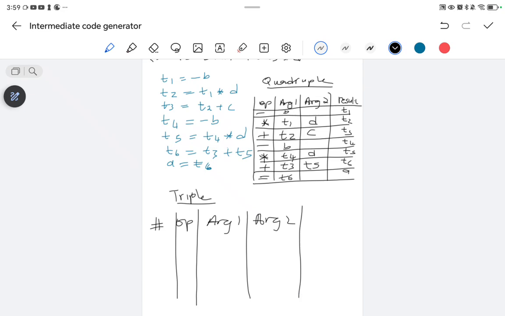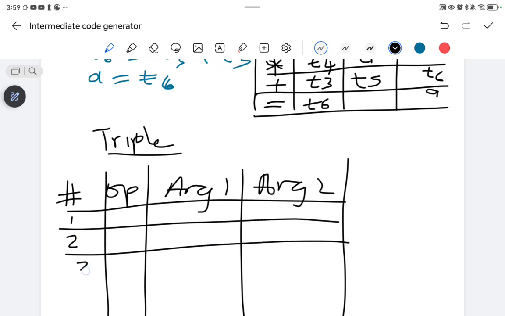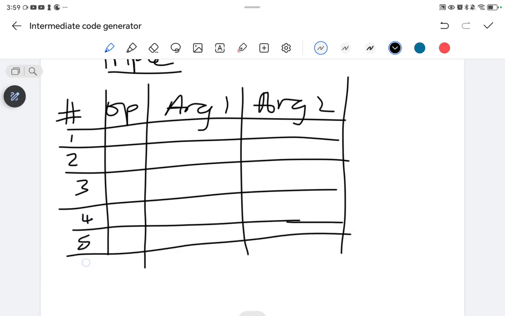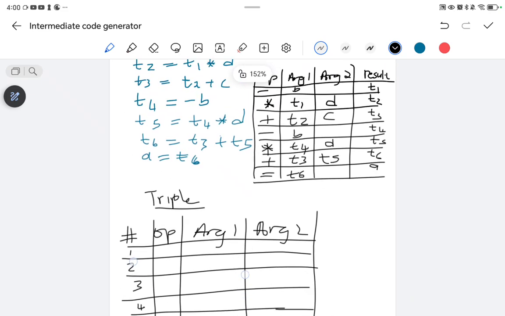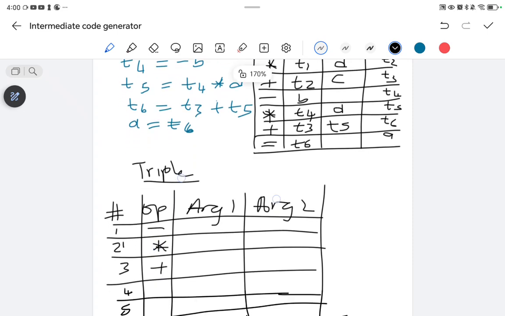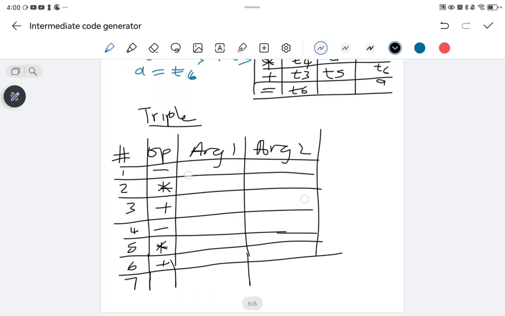I know I have 7 tables, so I'm going to have 1, 2, 3, 4, 5, 6, 7. Then the operators that I have are minus, times, plus, minus, times, plus, equal sign.